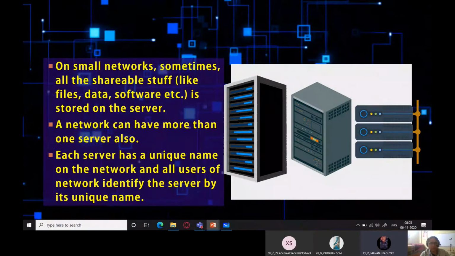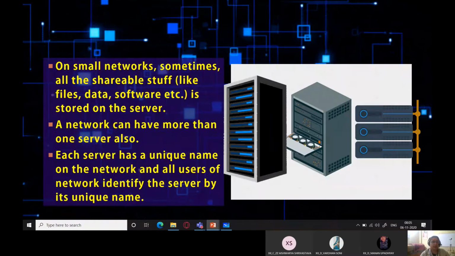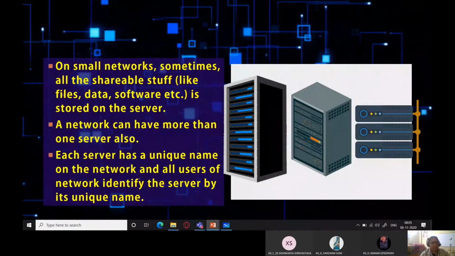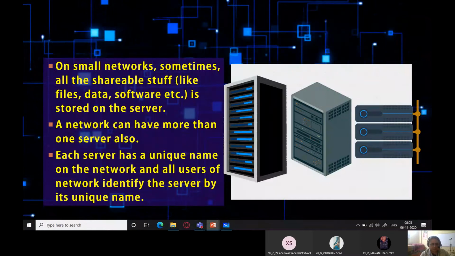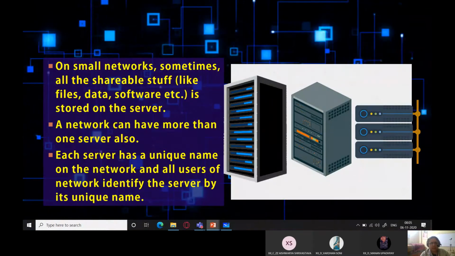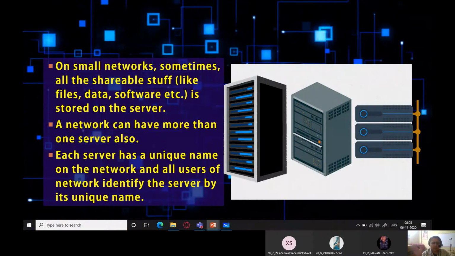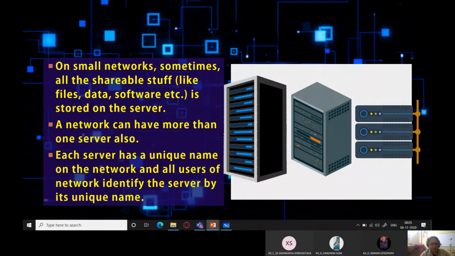Just like in your second computer lab, you might have seen that we have one computer with the CPU box, the system unit, and all the others are clients which are simply using that computer.